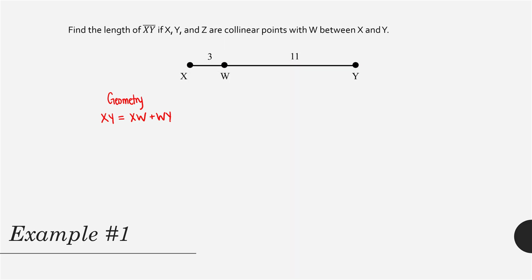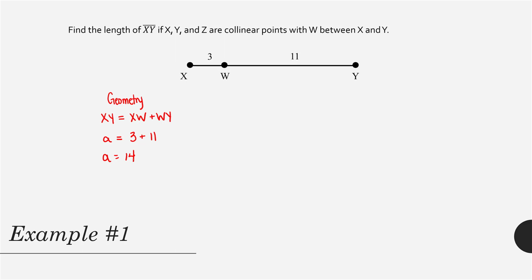So now XY, that's what we want to find. That's our unknown. So we give that a variable. In this case, I chose A equals XW. If I go to my XW segment, I can see it has a length of 3. 3 plus WY. That segment there has a length of 11 in the diagram. So A equals 14.